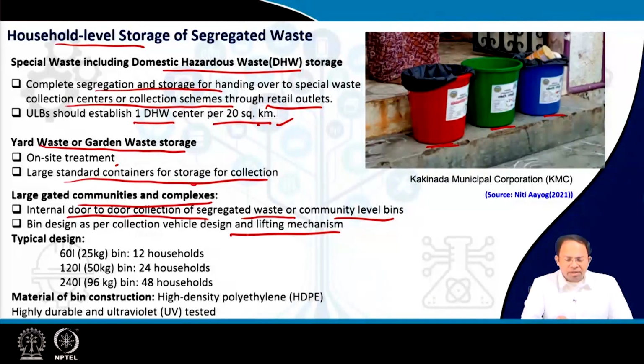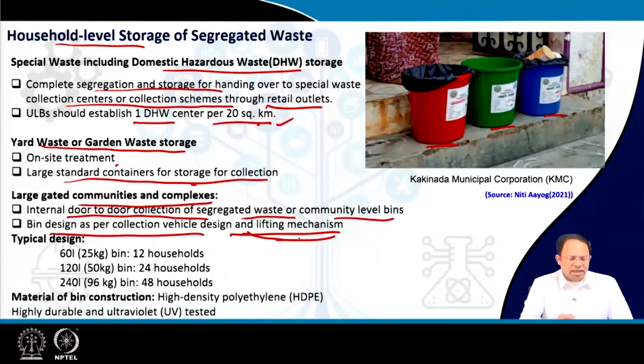That means the container has to be of a standard size or standard design, because otherwise it cannot be lifted, right? So these are large containers of a certain standard design, and only then can we use a lifting mechanism.